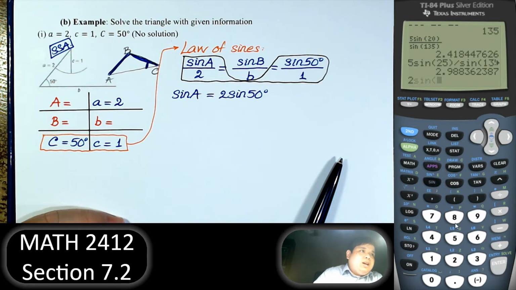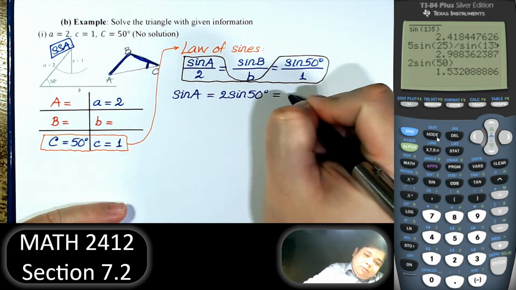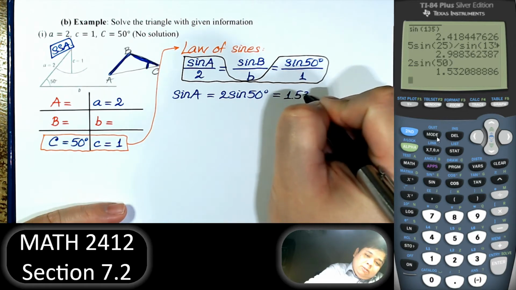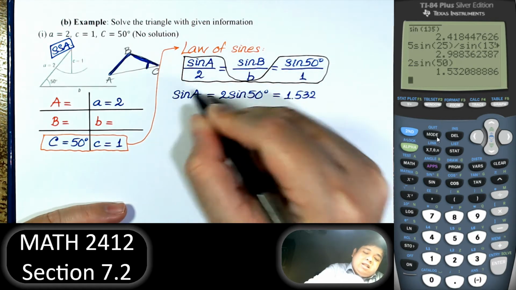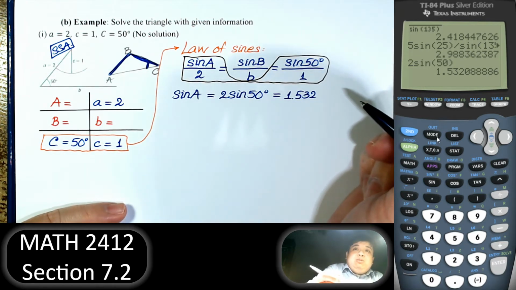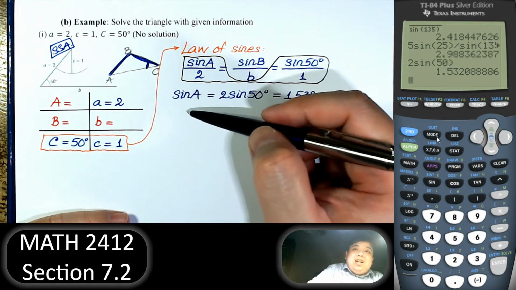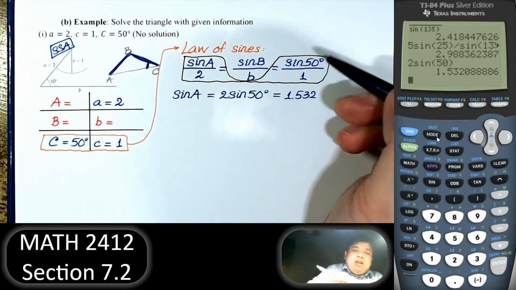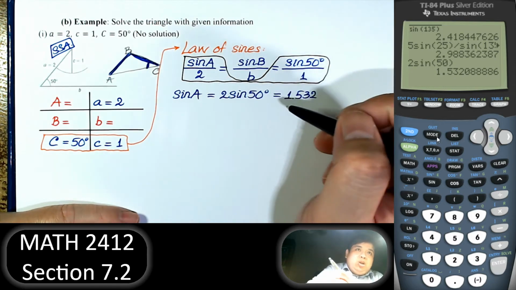It is still in degree mode. Yep. So this is 1.5232. And sine A equal to that. Of course, if you notice, sine of an angle cannot be more than 1, cannot be less than -1. So there's no solution here.